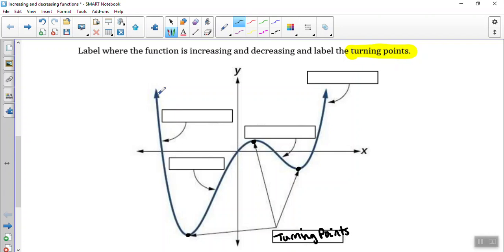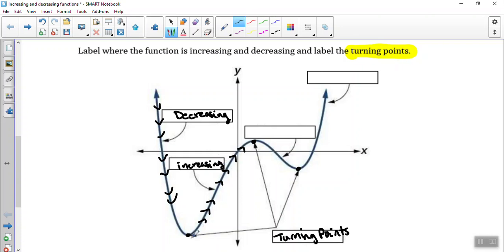Alright, so again, I said I'm going to start from the left of the function, so I'm starting from here, and it looks like I am going down, right? So I can say that here my function is decreasing. And then here my function is increasing, because, as I like putting these arrows, it's increasing.